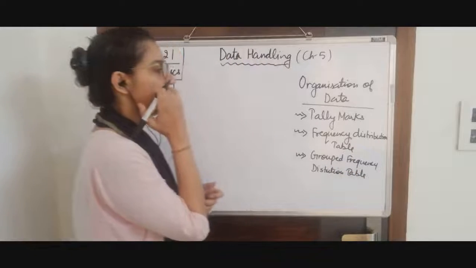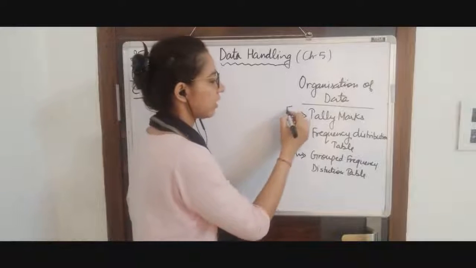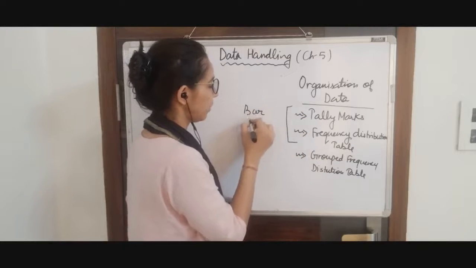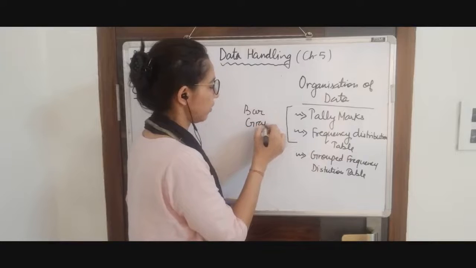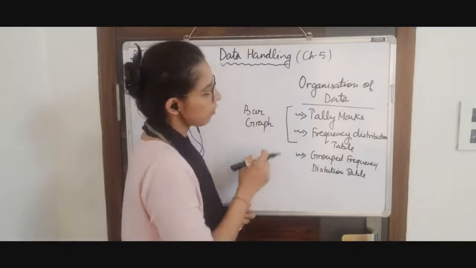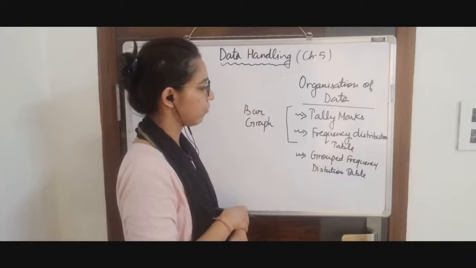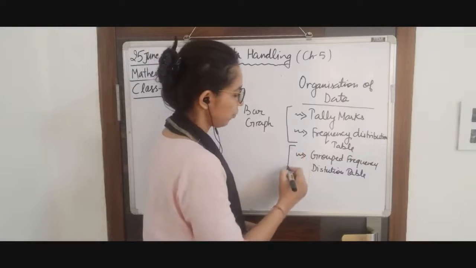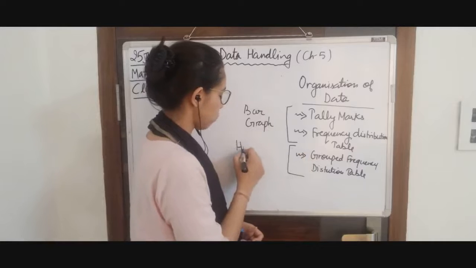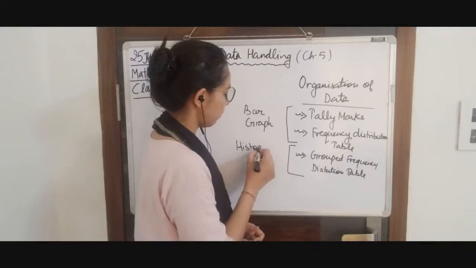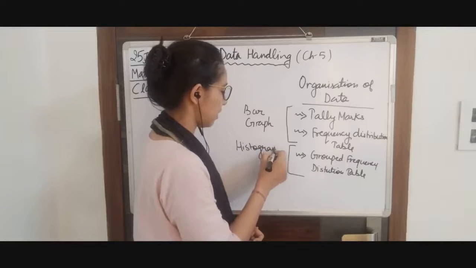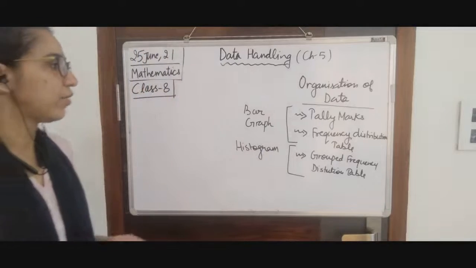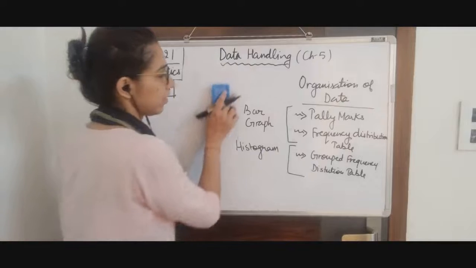For frequency distribution table and tally marks, we use bar graph to represent our data, or maybe sometimes a double bar graph. But for grouped frequency distribution, we use histogram to represent our data. I will talk about what is a histogram and how to make it. But we are going to start with our tally marks.